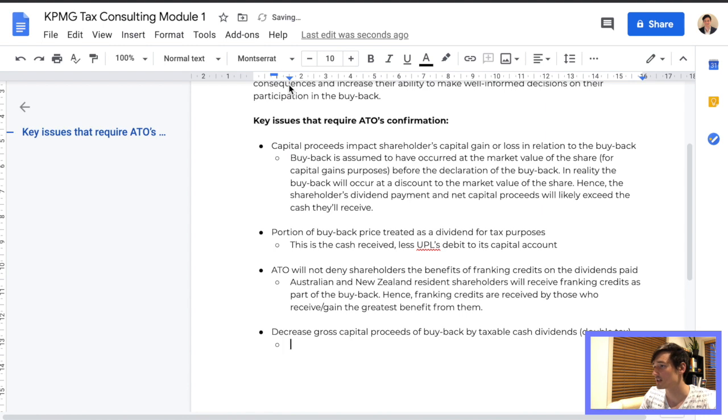Decrease gross capital proceeds of buyback by taxable cash dividend. That's pretty self-explanatory. The shareholder, or taxpayer, whichever one, can reduce the gross proceeds by the cash dividend to avoid double taxation.